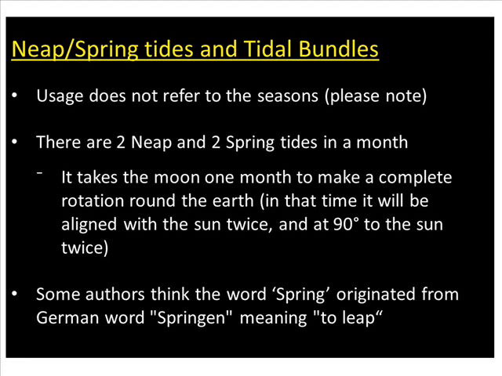So the whole idea here is that each time the moon, the sun and the Earth are all aligned in a straight line, the Earth will experience the greatest gravitational pull. On the other hand, when the moon and the sun are at 90 degrees to the Earth, we record a lower gravitational pull. Some authors think that the word spring originated from the German word springen, which means to leap.